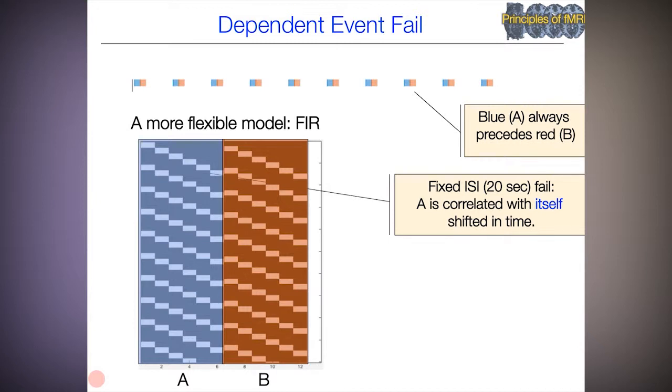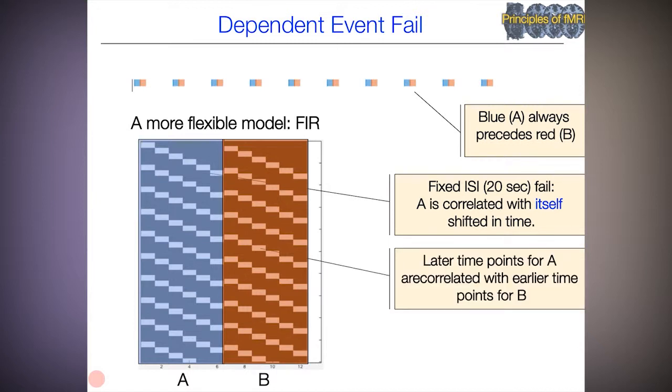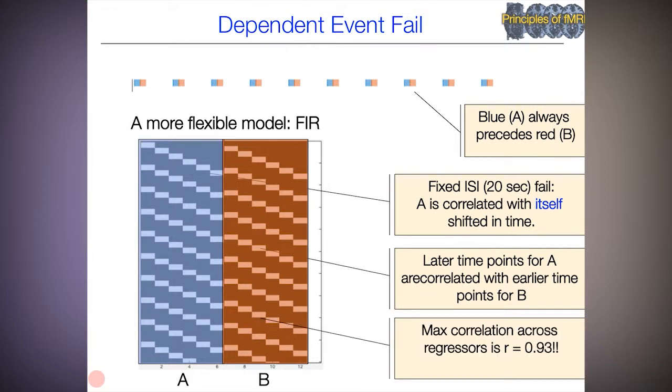That's collinearity. And in addition, what's estimated as linked to encoding, event A, is correlated with what's happening to B at earlier time points. So we've got cross-correlation across the different regressors for A and for B. And the maximum correlation here is about 0.93, but that's just because of how we sampled the HRF.